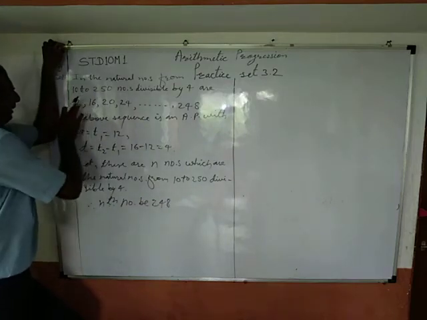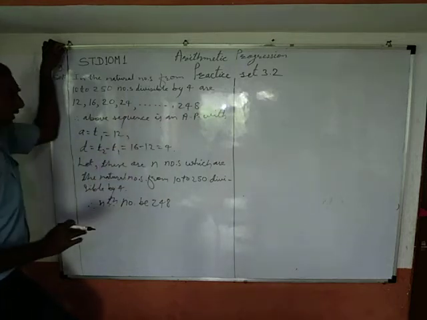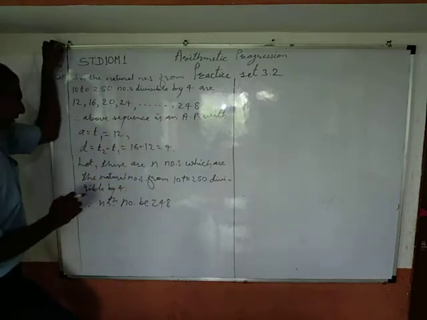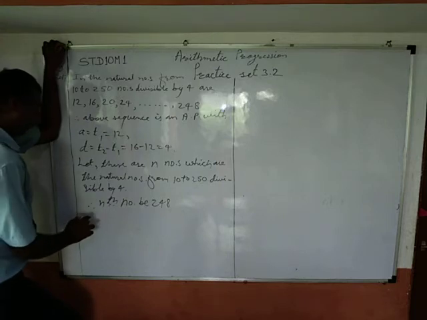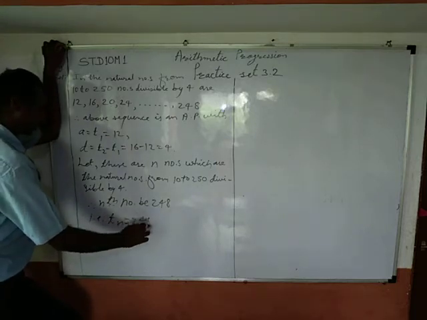T1, T2, T3, T4, and so on. Let 248 be the nth number. That is, Tn equals 248.